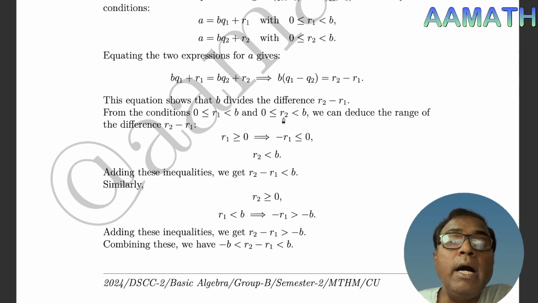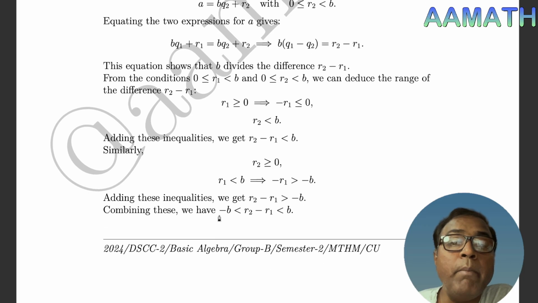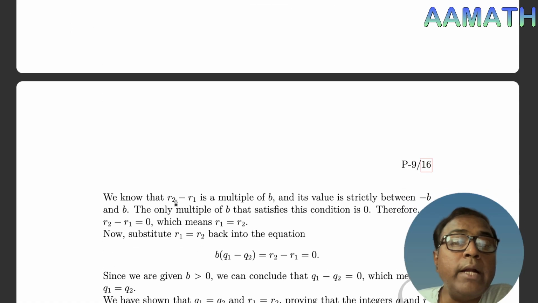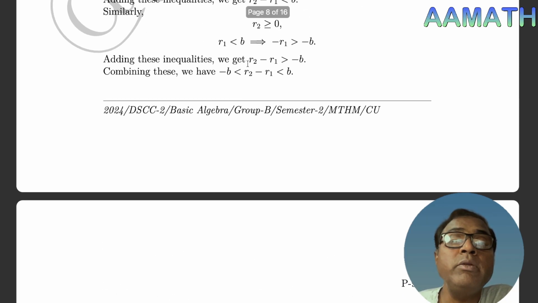Combining these relations, minus B is less than R2 minus R1, which is less than B. Now we know that R2 minus R1 is a multiple of B, and its value is strictly between minus B and B by this inequality.